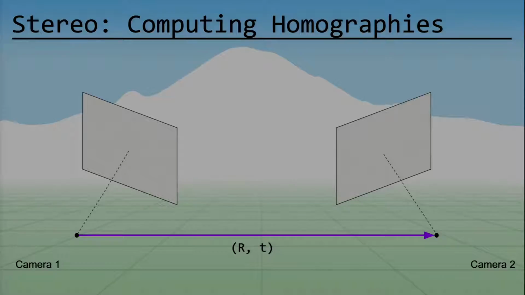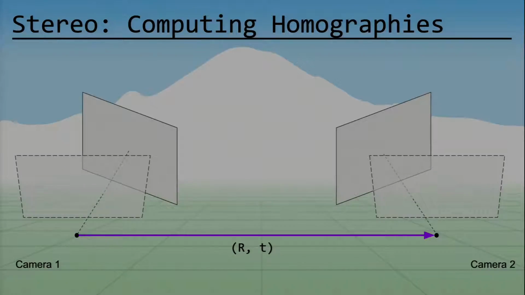So in fact, it's so easy that people have spent quite a bit of effort in the literature figuring out how to take the general case and reduce it to the parallel image case. Basically, given the general case where we have 2 arbitrary cameras pointing at the same scene, can we pretend that they are parallel cameras, and then do all the math as if they're parallel and not care that they're not?